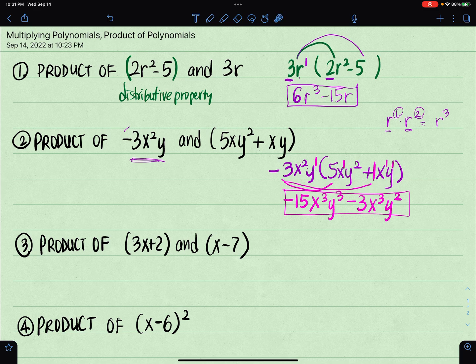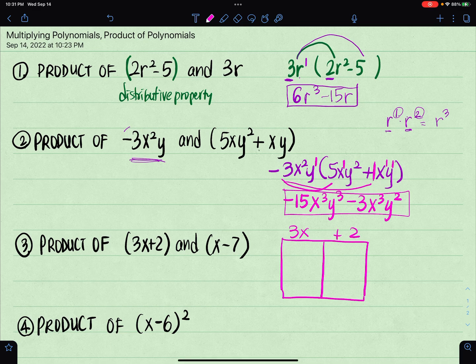Now here, we're going to find the product of a binomial, so that's 2 terms, by a binomial, 2 terms. Now, you can do the distributive. Some of you know it as FOIL, but let's try using the box. Sometimes when things get complicated, let's organize it in a box. So here we have 3x plus 2, so I'm going to write 3x plus 2.